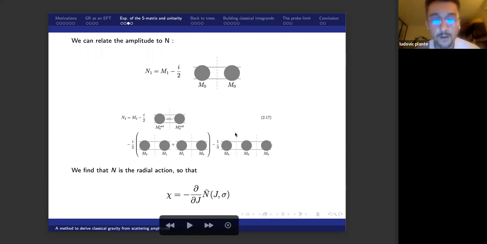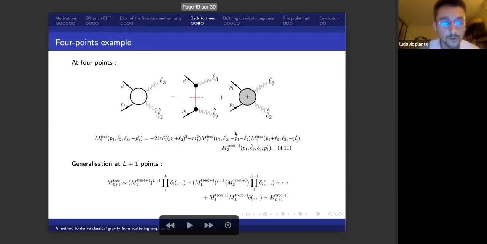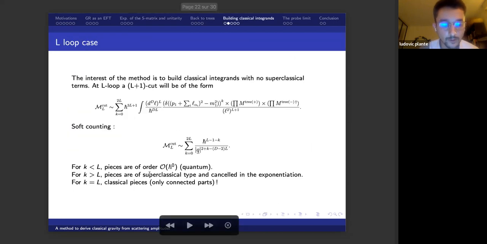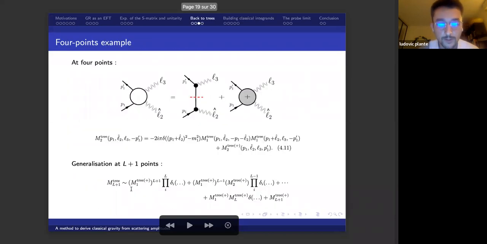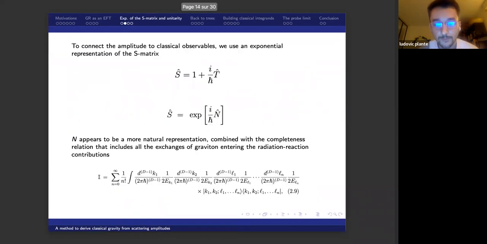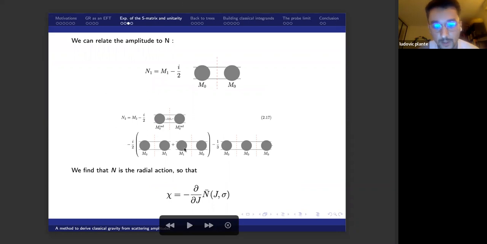So yes, I think it's linked to what I said here. You can have some diagrams like this, with a tree where you exchange one graviton, and here a bubble, which is what we call a box bubble integral.